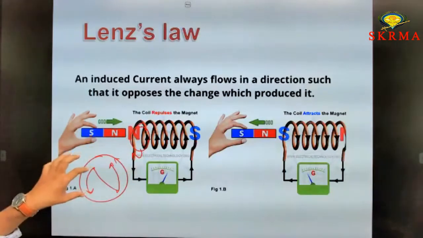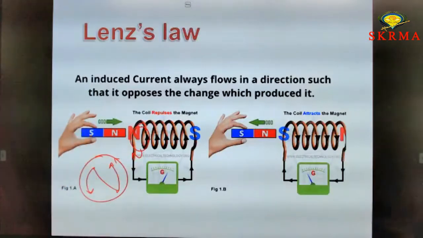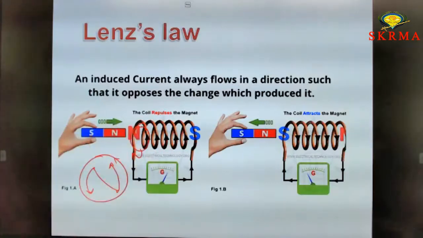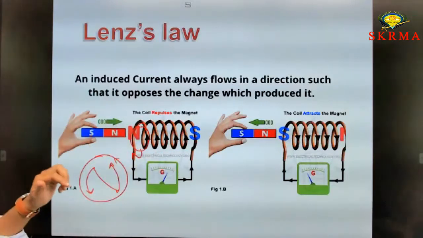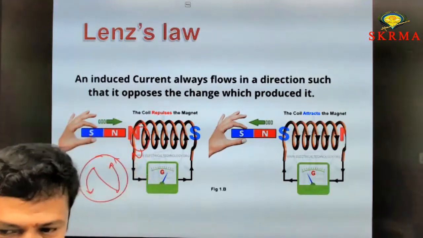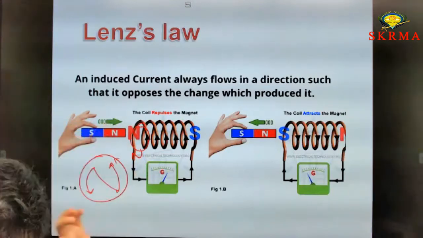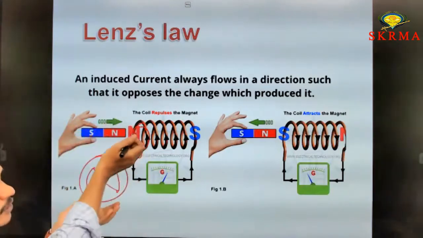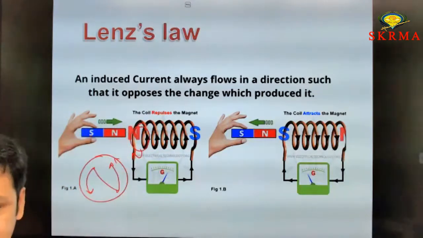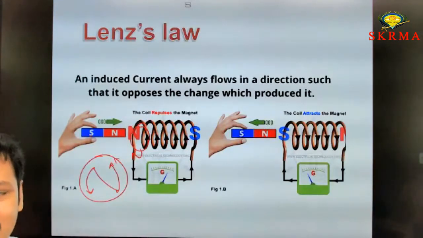Whenever you move the north pole of a bar magnet, EMF is induced in the coil. In such a case, the bar magnet is the source. The induced EMF in the coil opposes the bar magnet. That opposing property is represented by Lenz's law. That is the basic cause of the negative sign in Faraday law.